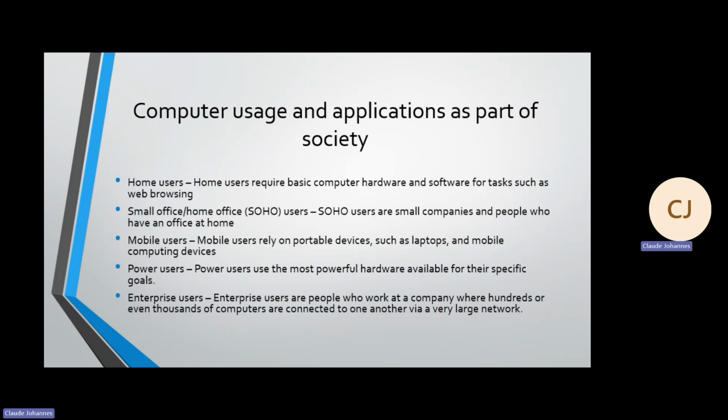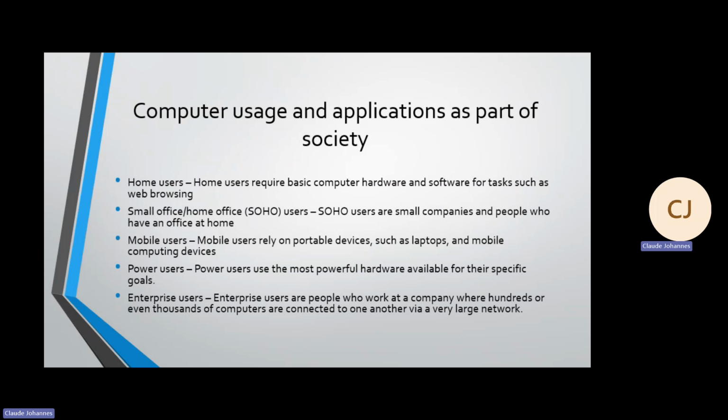And then we look at the use and application as part of society. So basically, as a home user, meaning the technology that you're currently using at home, we look at computer hardware and software for doing research or browsing. But nowadays, some people just want to watch YouTube videos. Small office, home office, used by small companies and people who have an office at home.